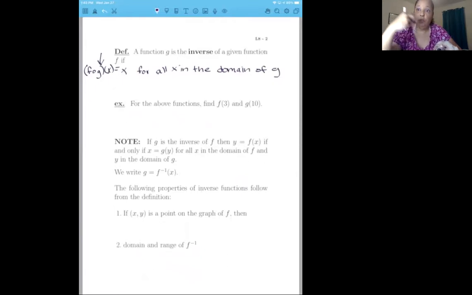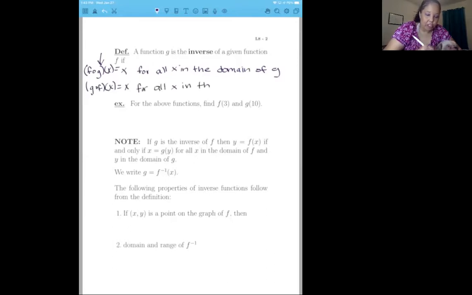We restrict it to the inner function's domain, and then we compose it. And if I compose g with f, and I get x, again for all x in the domain of the inner function, this time the inner function is f, then they're inverses of each other.